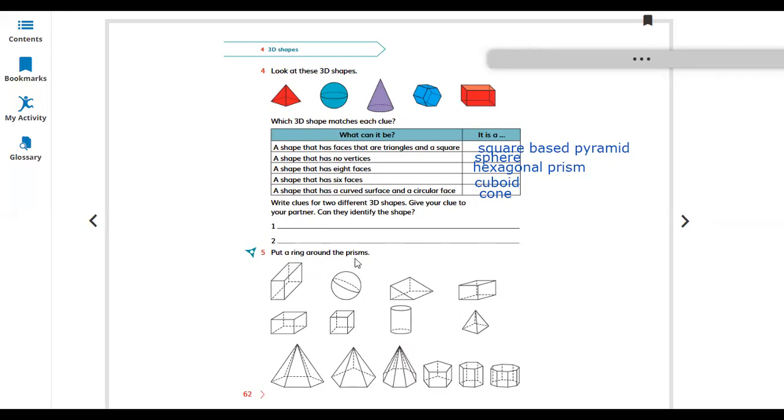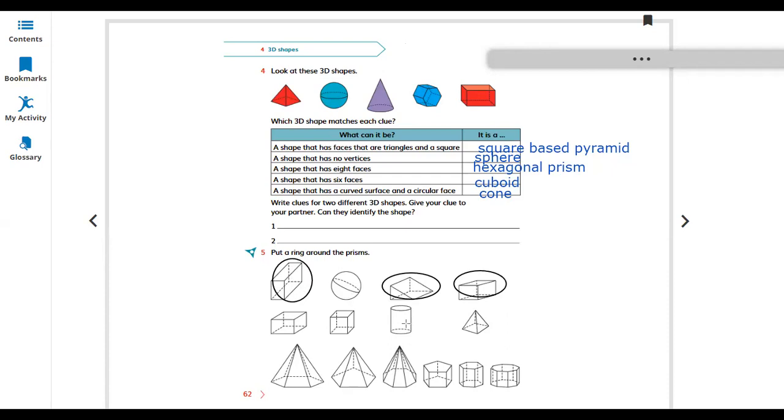Put a ring around the prisms. Let us do it. This one, a prism, yes. Flat surfaces, this no, this one flat surfaces. This one also.